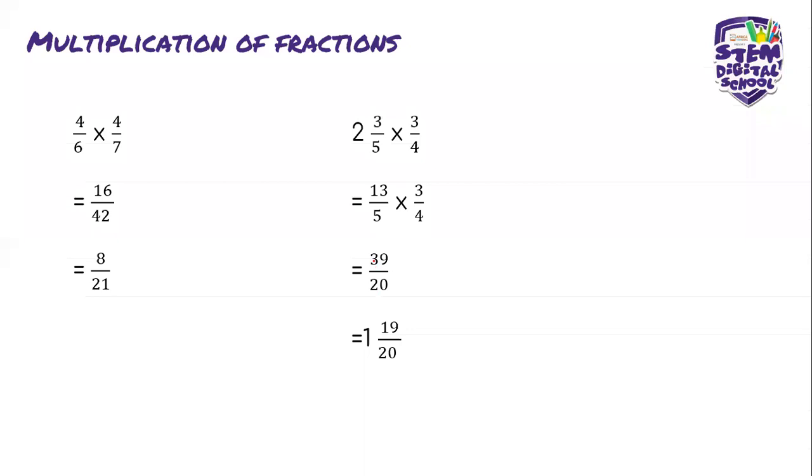Then I have my answer of 39 over 20. Then I change this. How many times does 20 go into 39? Once. What is left to get me to the 39? 19. So it's 19 over 20. Very easy. Just remember that when you're multiplying fractions, numerator multiply numerator, denominator multiply denominator. Any questions in relation to this?